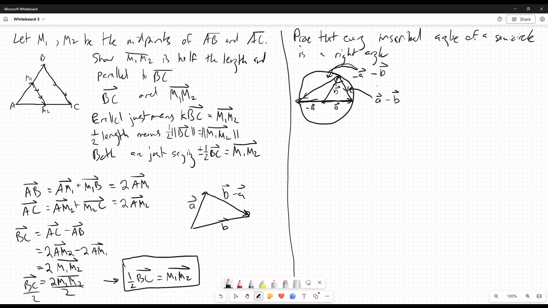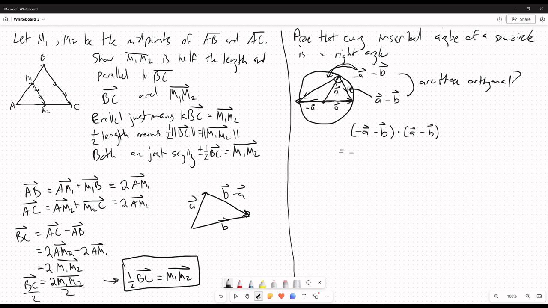We're trying to tell if these are orthogonal. The good news is we have an easy way to do that. We just take the dot product. So we'll take negative A minus B and dot it with A minus B and see what we get.